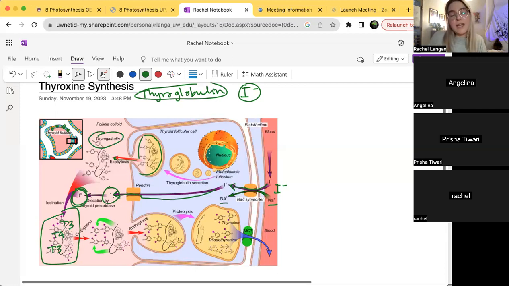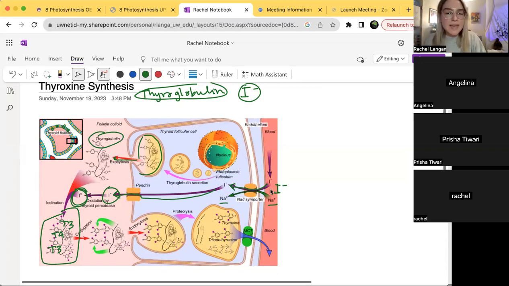And then they just kind of hang out in the lumen there until the thyroid gets activated. When the thyroid gets activated, it's going to want to actually release thyroxine, release T3 and T4 out into the blood so it can go and signal to the rest of the body.